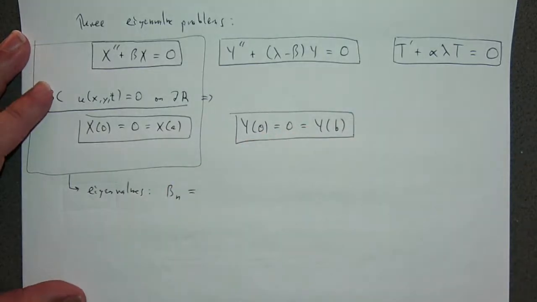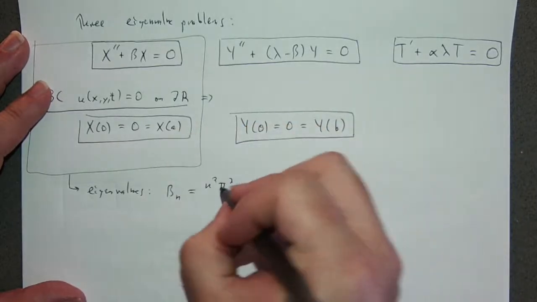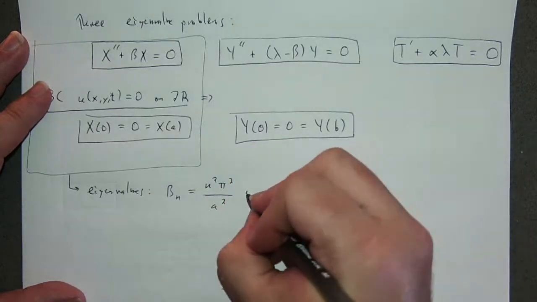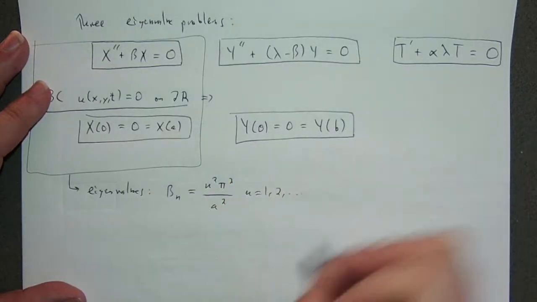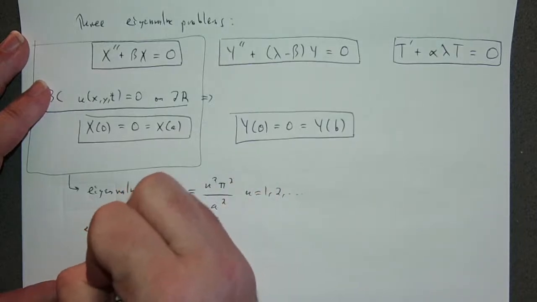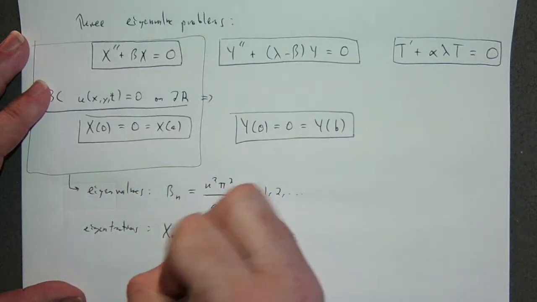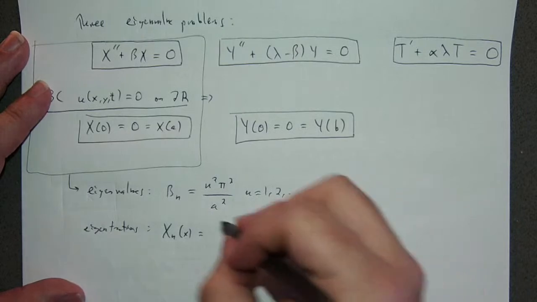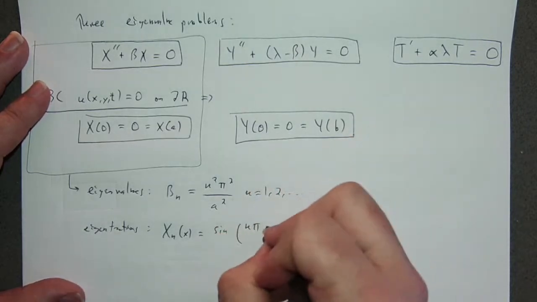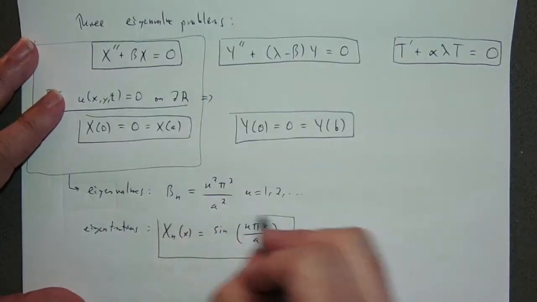So beta sub n is n squared pi squared over a squared, for n equals 1, 2, and so on. And eigenfunctions, X sub n of x, which are given as sine of n pi x over a. Okay, so very happy here.